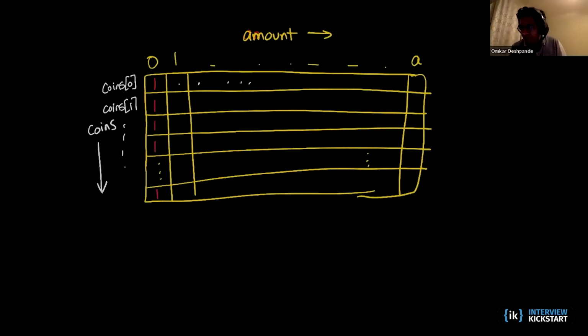Instead, if we just assume that this axis is the prefix length of the coins array, then we can have a prefix of length 0, we can have a prefix of length 1, 2, and so on, all the way to the length of the coins array.